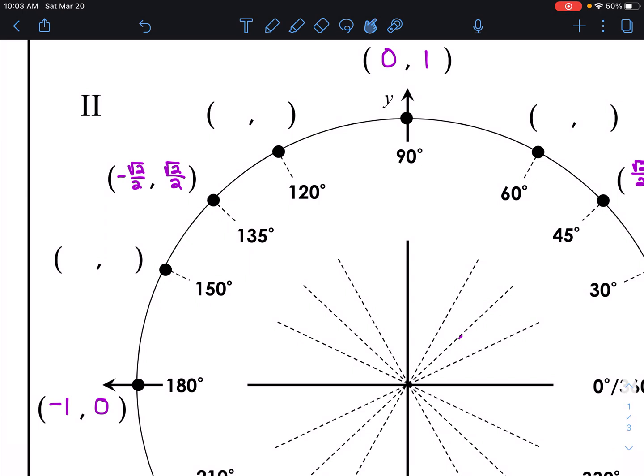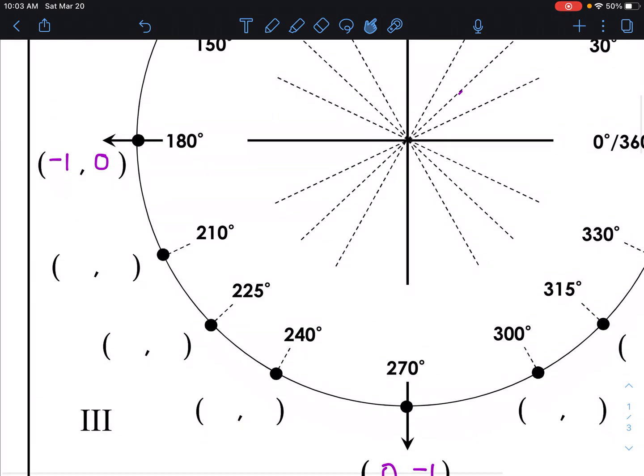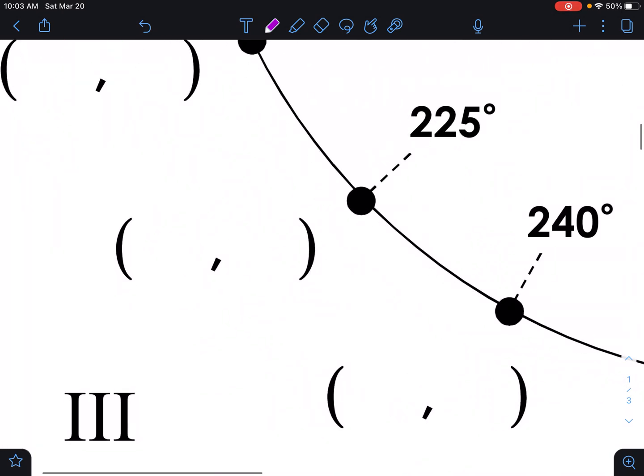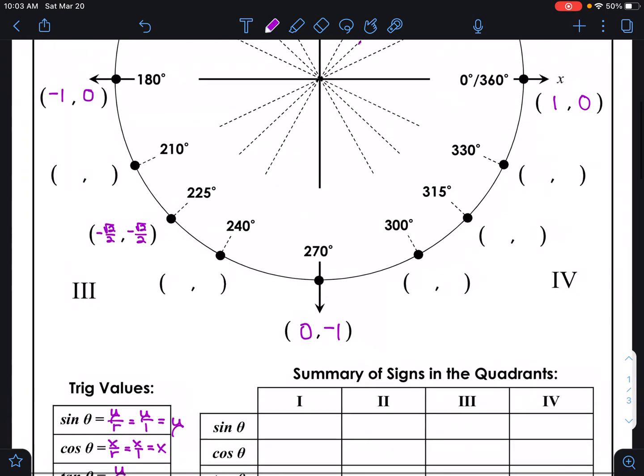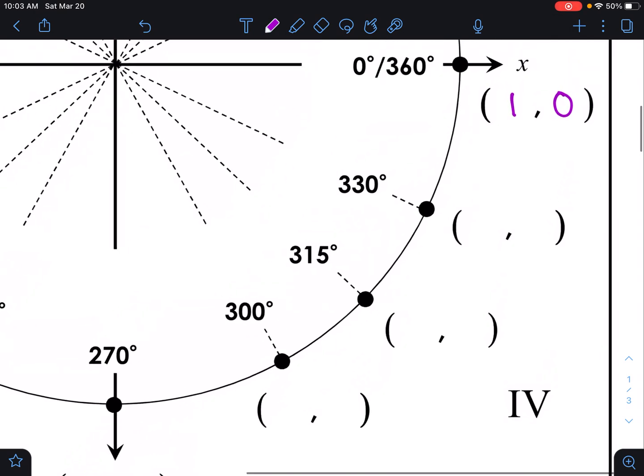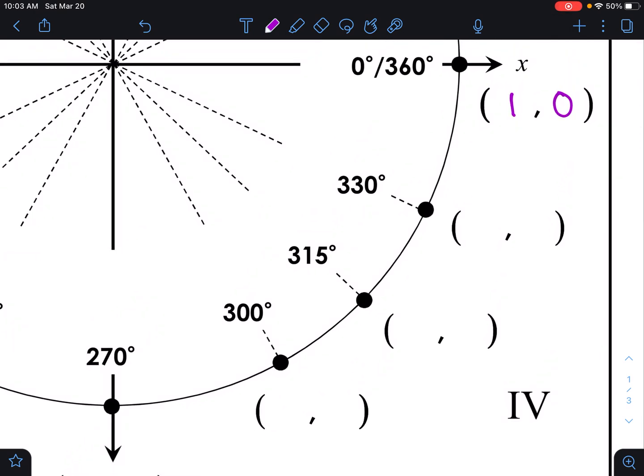So then if we go down to quadrant 3, x is negative, and so is y. They're both negative. So this would be negative square root of 2 over 2, negative square root of 2 over 2. And then here in this quadrant, we have x is positive, y is negative.